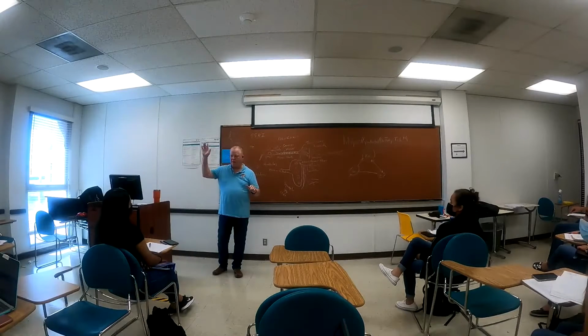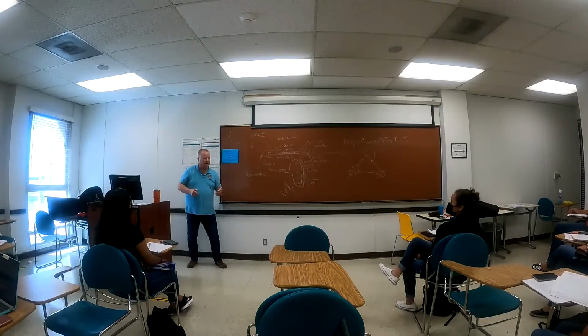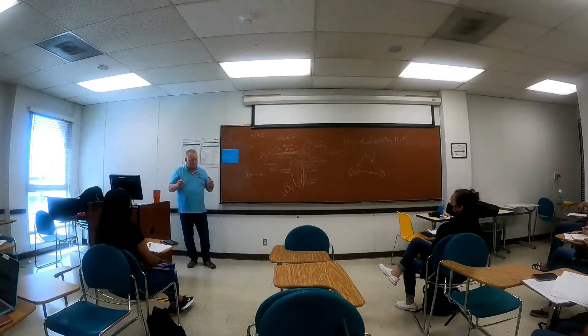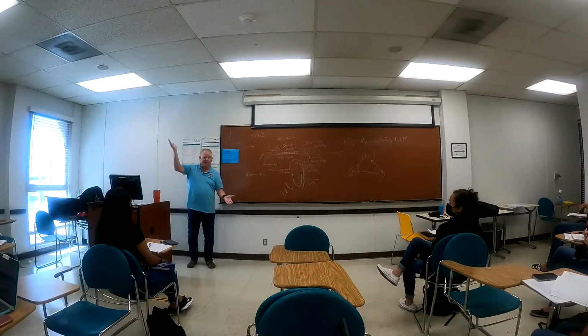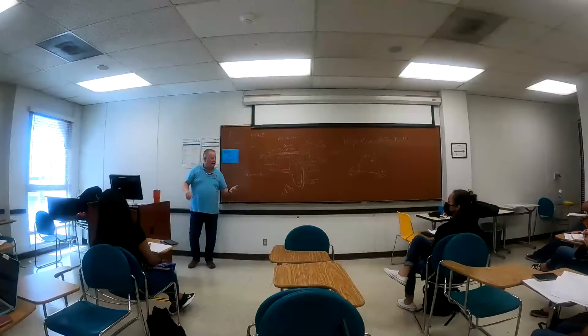Anybody hungry? Anybody skip breakfast like me? Okay. Why are you hungry? Because your stomach tells you, hey, dude, you didn't eat. Yeah, but I have to get over here and see if this damn camera works. So I didn't have a chance to eat. So that's how it works. Homeostasis. And when you're out of homeostasis, then you're sick, and then something has to be done.